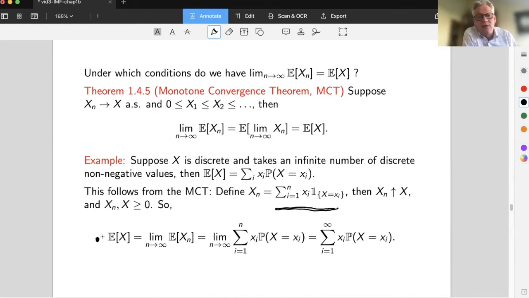And we write this out: this is the limit as n goes to infinity of the sum from i equals 1 to n of xi times the probability that x is equal to xi. And this is indeed, when n goes to infinity, the sum from i equals 1 to infinity of xi times the probability that x is equal to xi. And that is indeed the definition of the expected value of the discrete non-negative values.